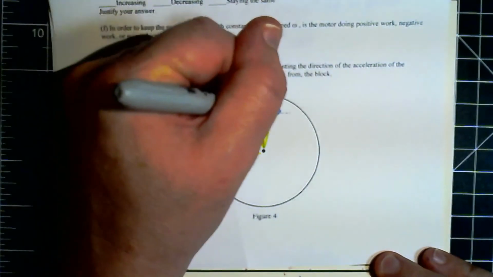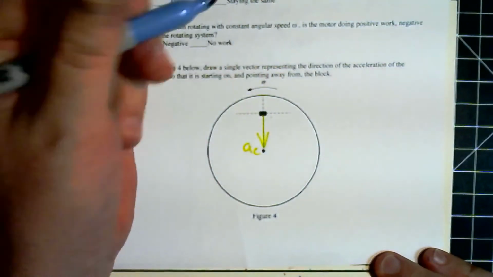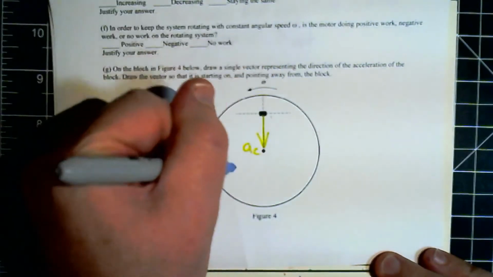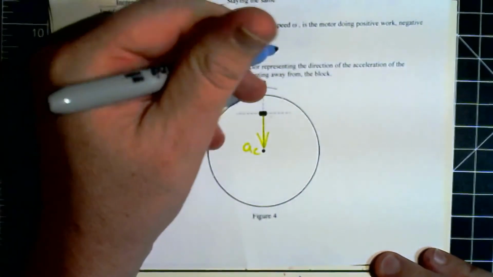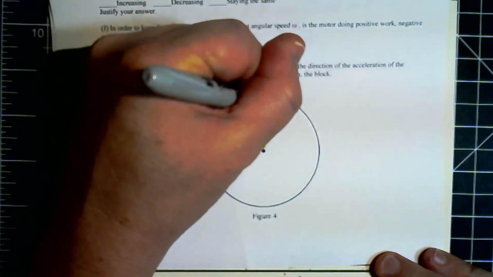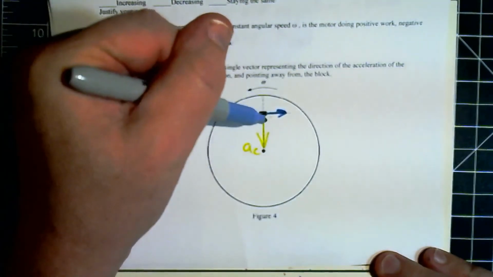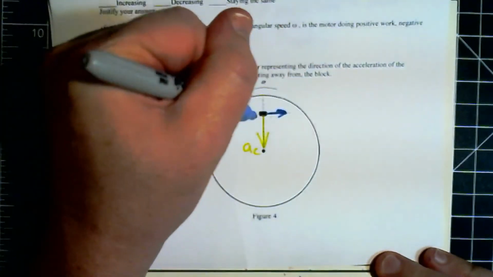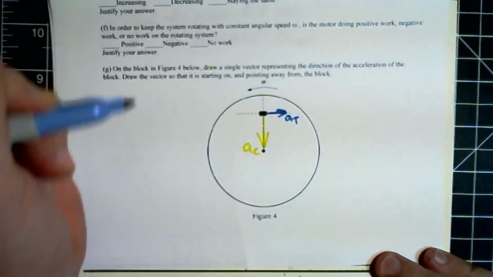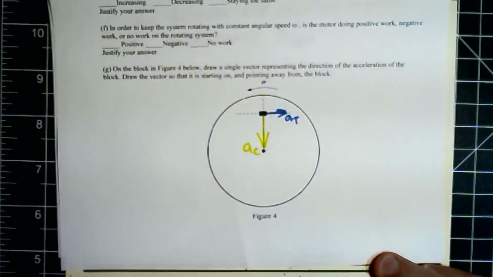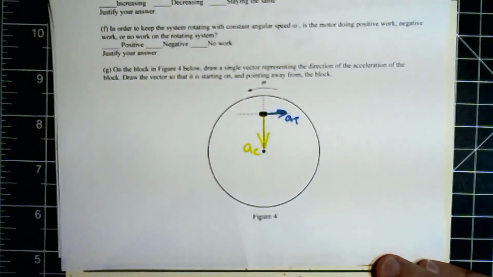Even though the speed stays the same, there had to be some kind of a torque. Well, a torque going in the clockwise direction would create that. And that would cause there to be some sort of acceleration in the opposite direction on the block. Not necessarily the whole system, but on the block. So there is a tangential acceleration created by a torque causing it to lose kinetic energy.